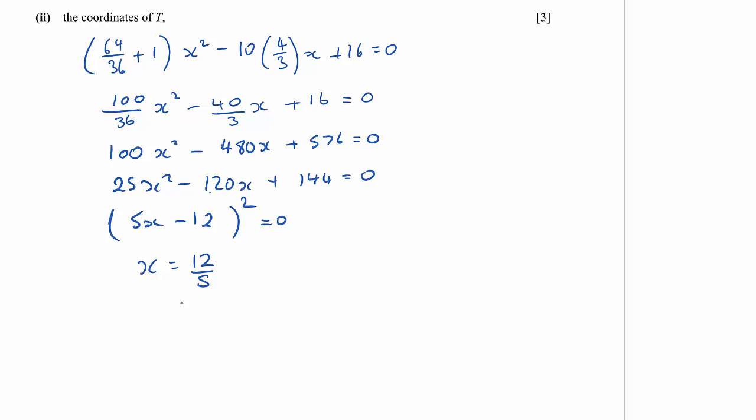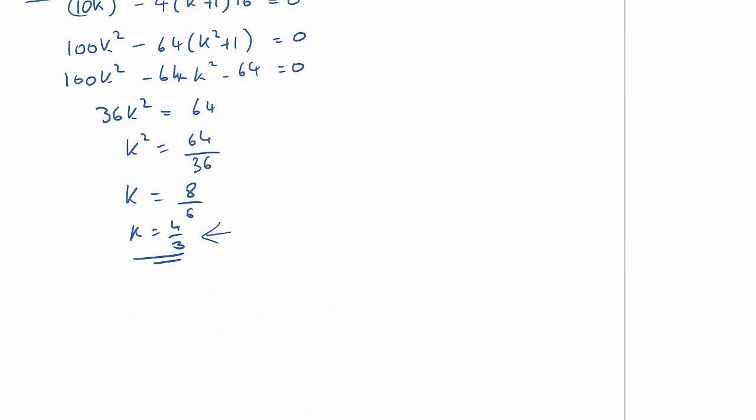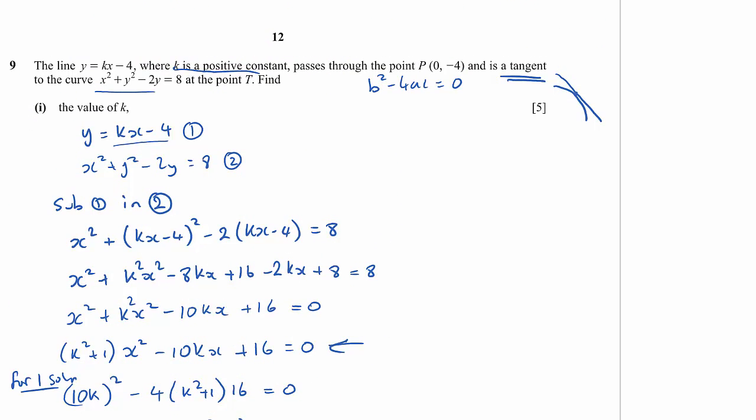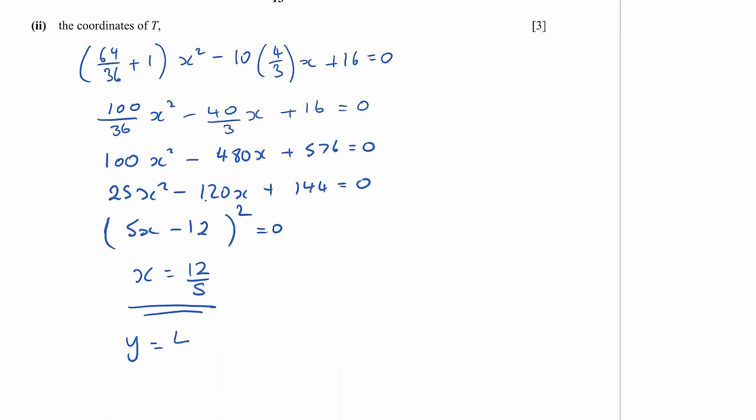And now remember that if k is 4 over 3, the line we had is y equals 4 over 3 x minus 4. So our corresponding y value there is going to be 4 over 3 times 12 over 5, take away 4.